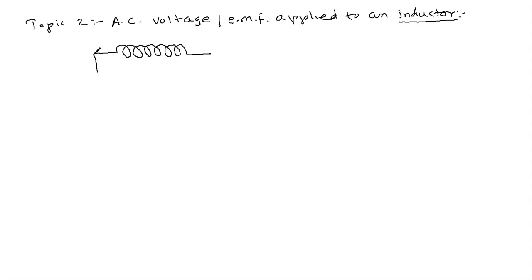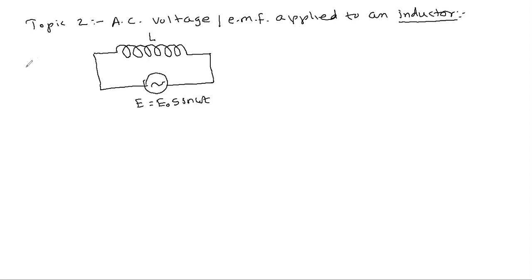And across this inductor, we have applied the alternating EMF or voltage, that is E is equal to E naught sine of omega t. And this is the inductor L. Now, what is the difference between these two? When you used the purely resistive circuit, here you have a purely inductive circuit, because only one component is used here, the inductor.